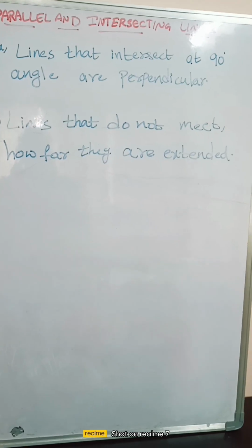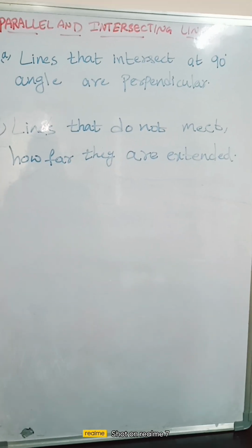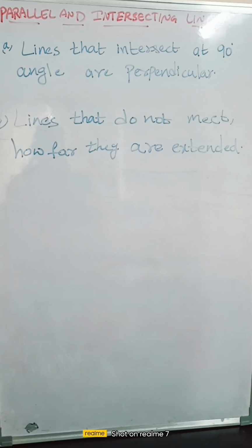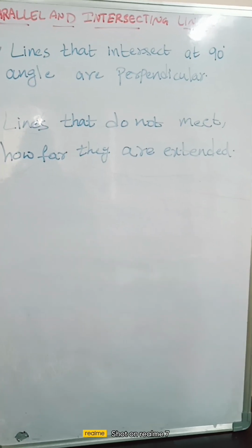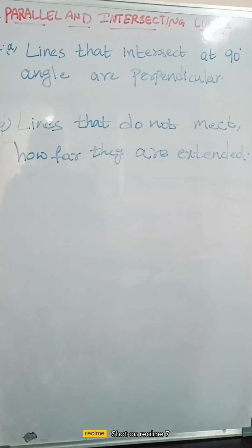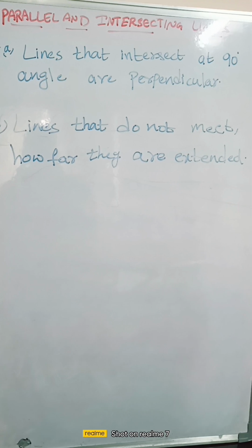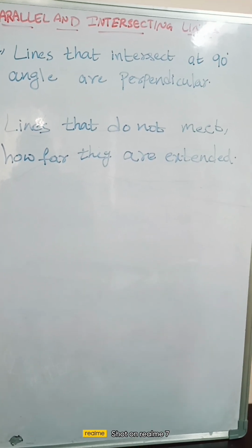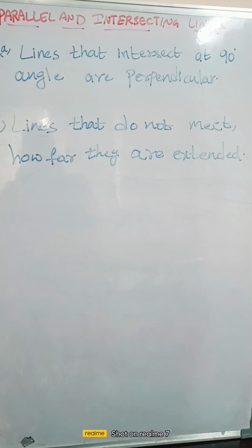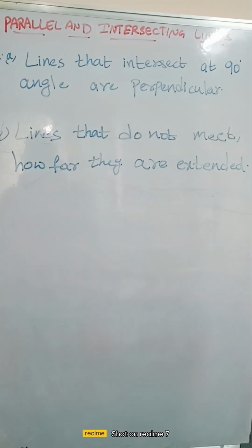Lines that do not meet, however far they are extended. If we extend parallel lines to any extent, the lines won't meet each other. So we confirm that parallel lines are lines that do not meet, however far they are extended. At any extent you extend, they won't meet each other.